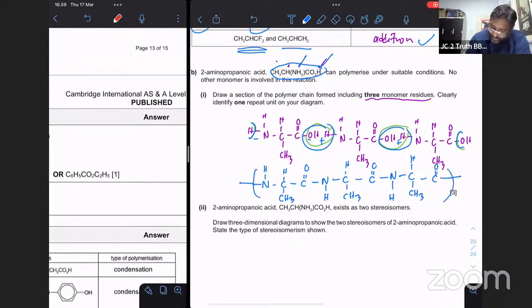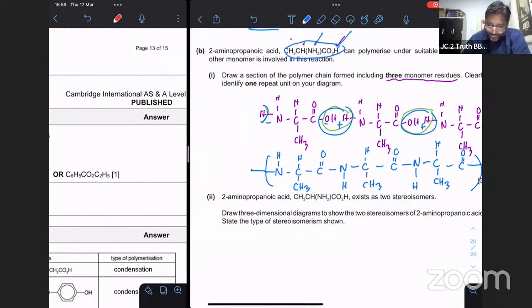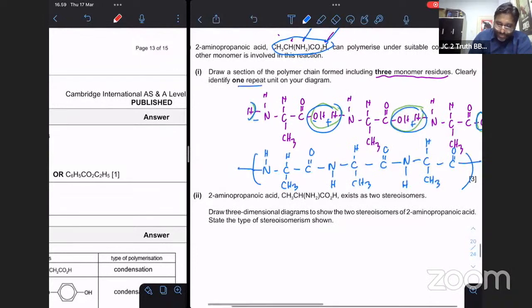They want 3, that is done, and then they say clearly identify one repeat unit on your diagram. So the one that is repeating over here, of course, the NH and then up to CO. So I can draw here NH and CO, one repeating unit.